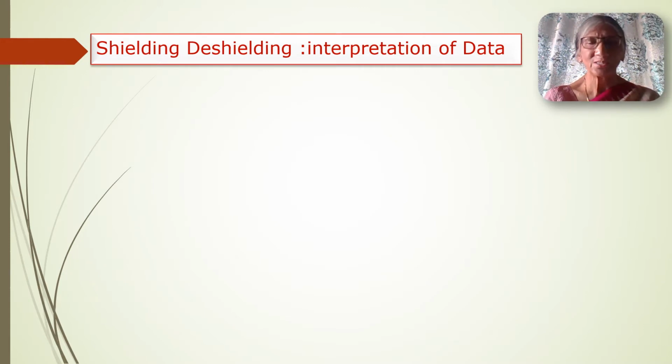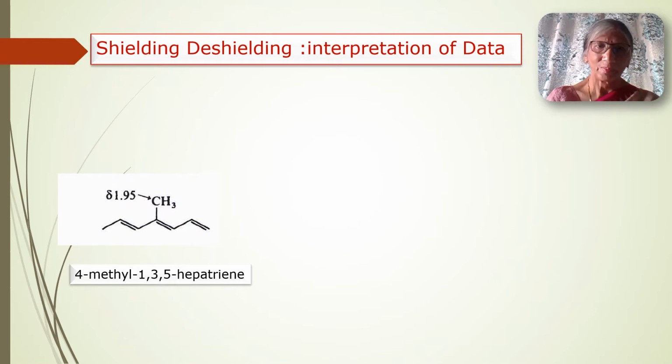Let us see some examples to explain the anisotropic effect. In this compound, 4-methyl-1,3,5-heptatriene, there is a methyl group, and the delta value for the signal of the methyl group is 1.9 delta. We know that the methyl proton shows absorption at 0.9 in the case of alkanes.